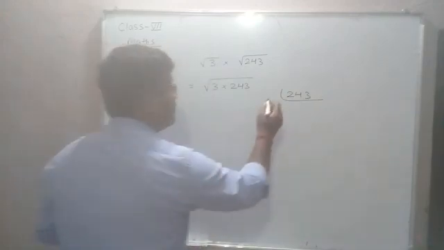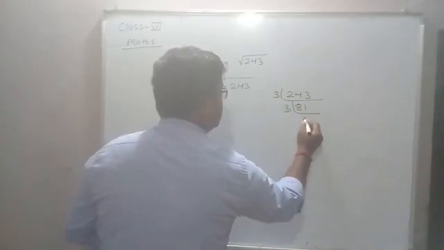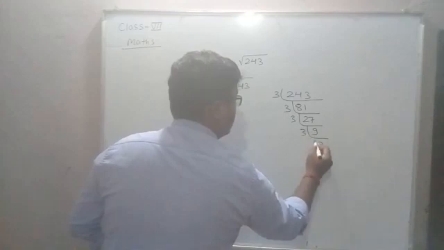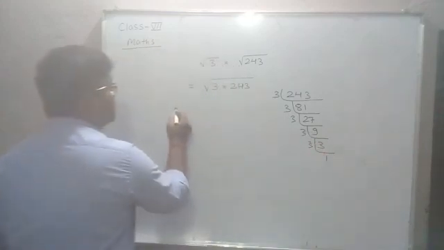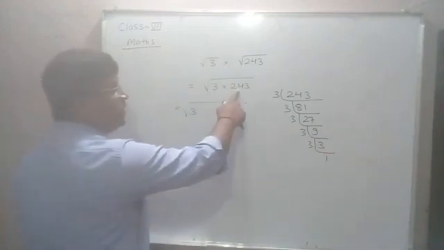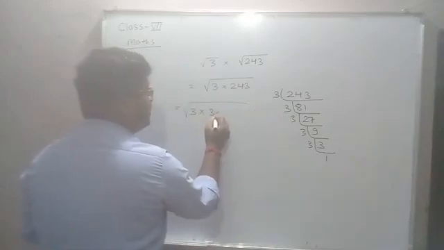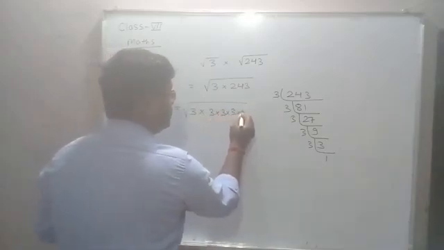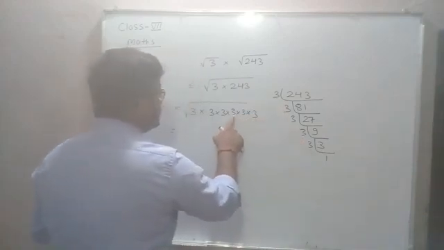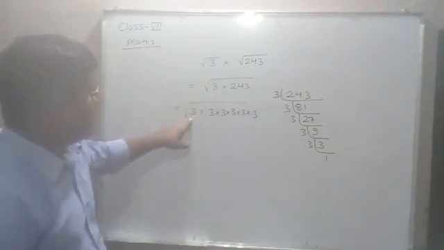By 3, yes: 3 8s are 24, 3 1s are 3, 3 9s are 27, 3 3s are 9, 3 1s are 3. So this 3 I will write as it is, and for 243 the factors are 3 into 3 into 3 into 3 into 3, five 3s, and this 3 I have written as it is.